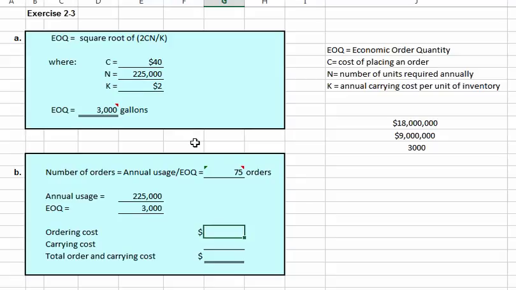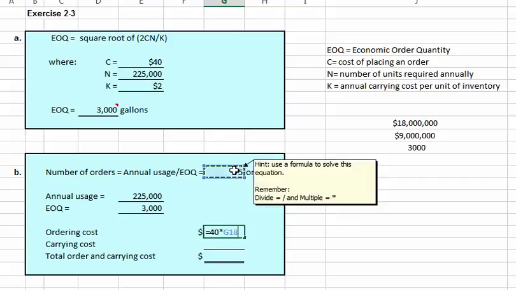Alright, our ordering cost. Well, we're placing 75 orders during the year. The cost of placing an order is $40. So our ordering cost would be equal to $40 times the 75 orders.